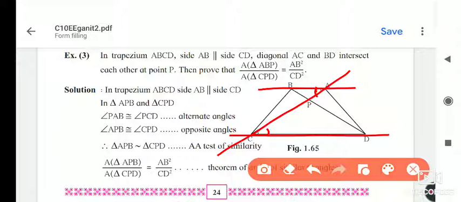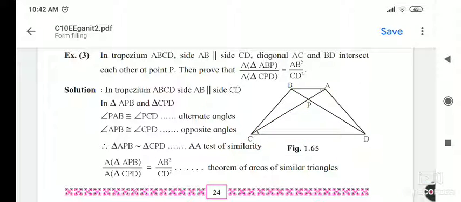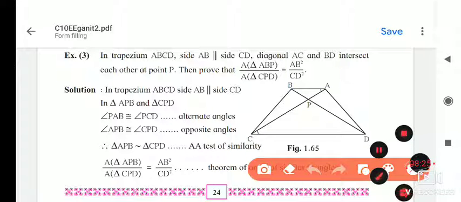And the angles at P, that is APB and CPD, are congruent by the opposite angle test. Therefore these two triangles, BAP and CPD, are similar to each other.